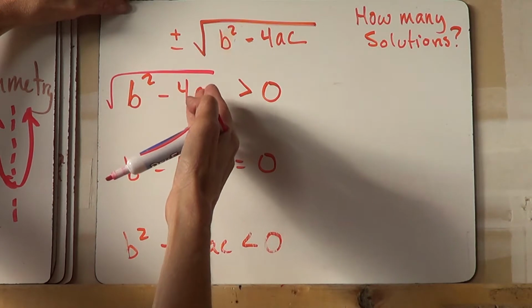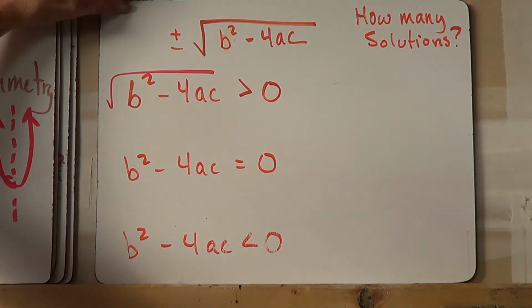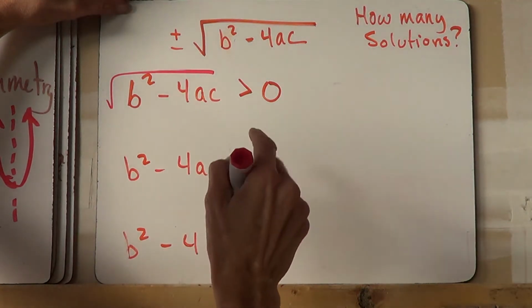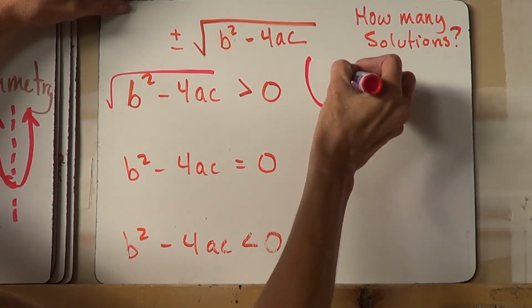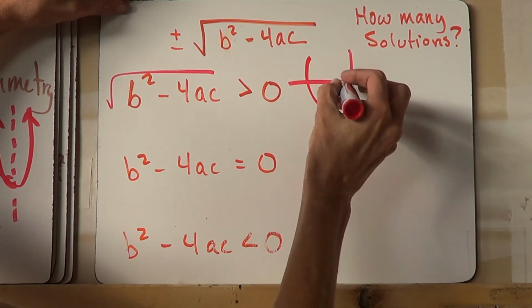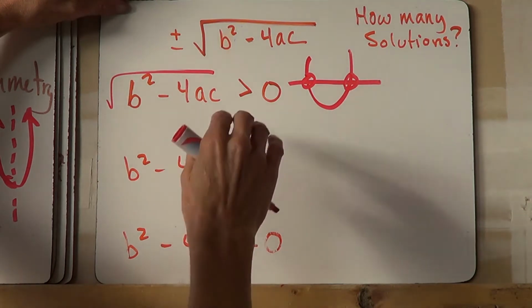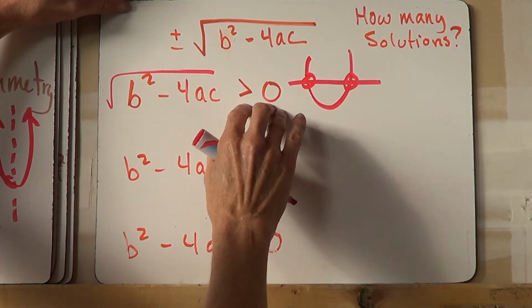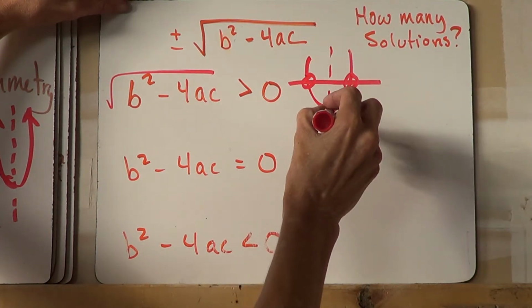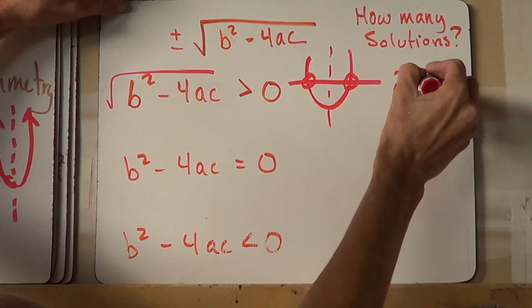Let's say the square root of 4 would have a square root of 2 and negative 2. That's the possibilities. So this means that on the graph, it's intersecting in 2 places. So when this value is greater than 0, then we've got 2 real solutions.